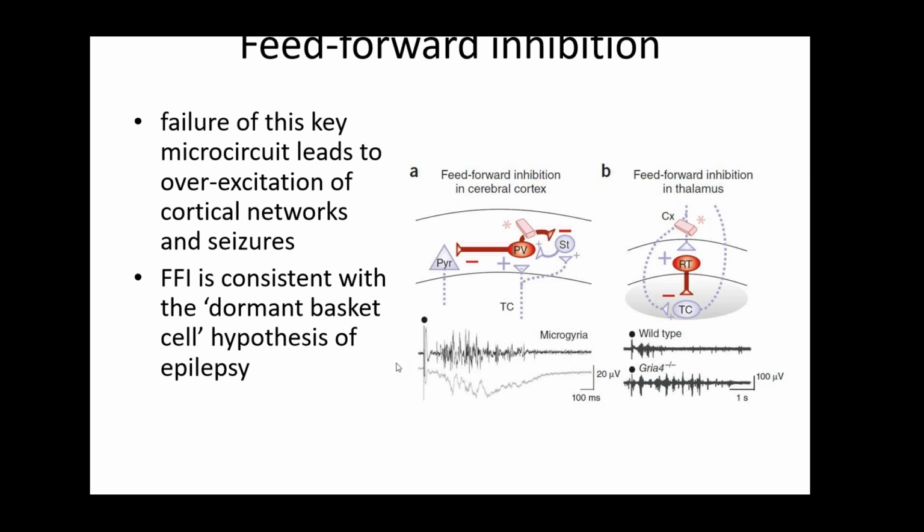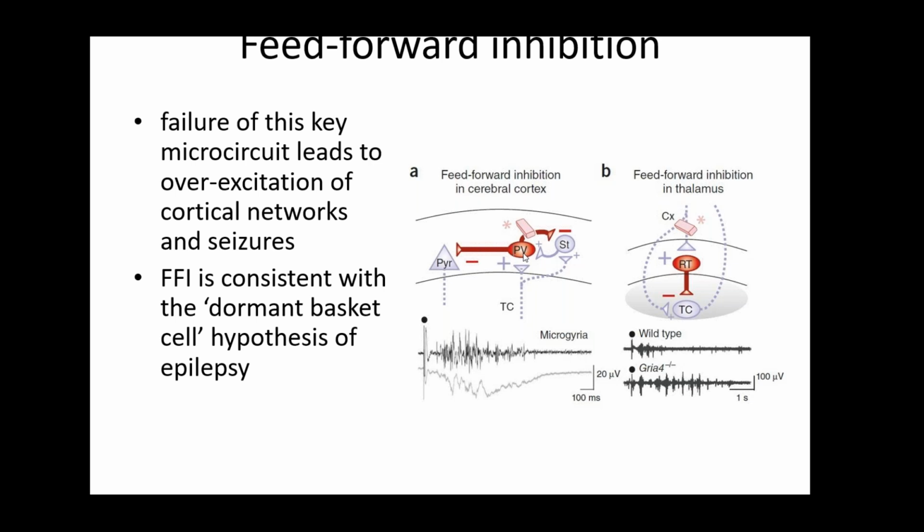Another mechanism that we see is the feed-forward inhibition. All right, and in the cerebral cortex, you have these inhibitory cells that inhibit the pyramid cells and control the output of the pyramid cells. But these inhibitory cells also control other interneurons that can also stimulate the inhibitory cells.